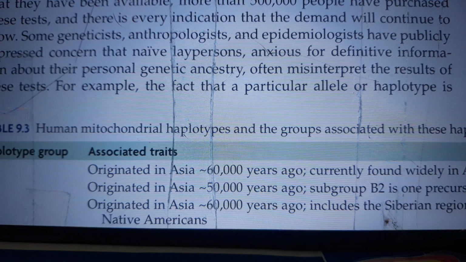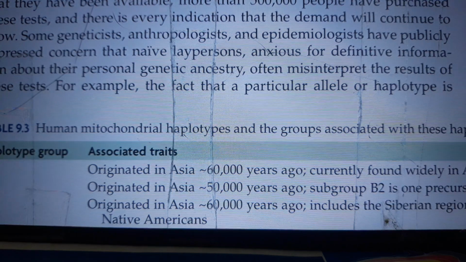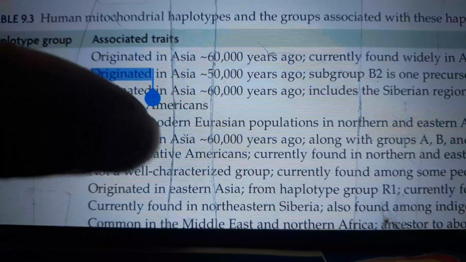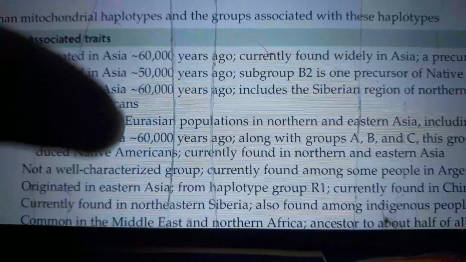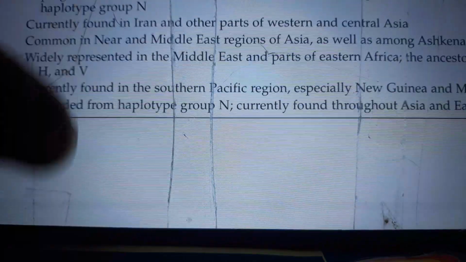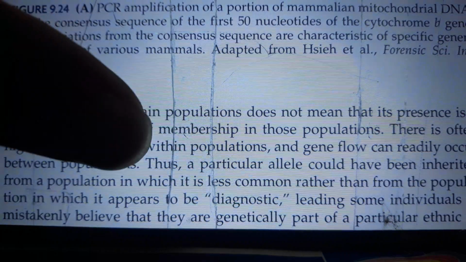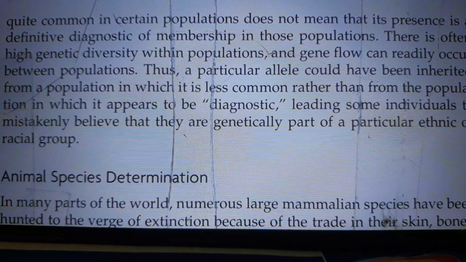Some geneticists, anthropologists, and epidemiologists have publicly expressed concern that naive laypersons anxious for definitive information about their personal genetic ancestry often misinterpret the results of these tests. For example, the fact that a particular allele or haplotype is quite common in certain populations does not mean that its presence is a definite diagnostic of membership in those populations.